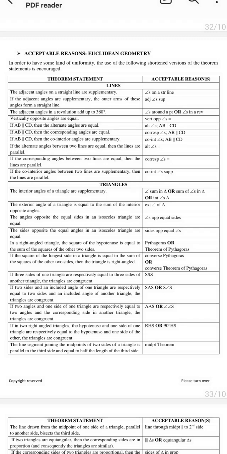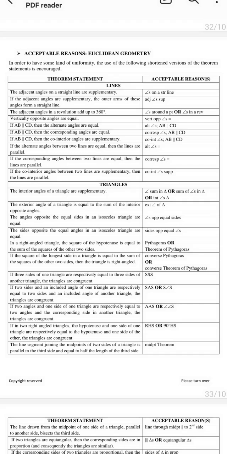In grade 12, obviously, there's no doubt there's this common way in which reasons ought to be written. If you look at the top of this document, it says, in order to have some kind of uniformity, the use of the following shortened versions of the theorem statements, we are encouraged that we should use them.